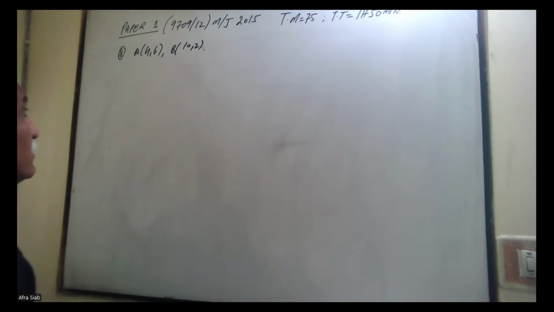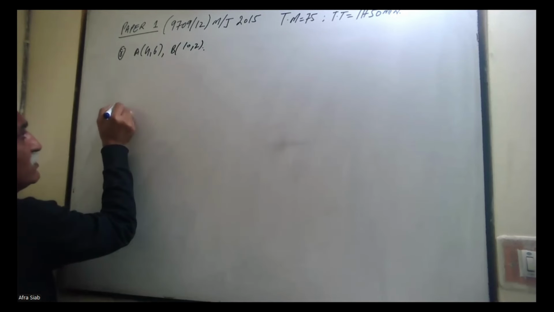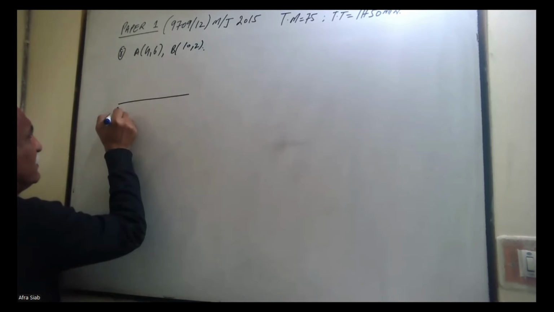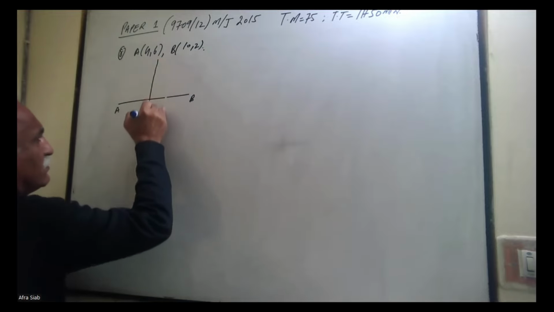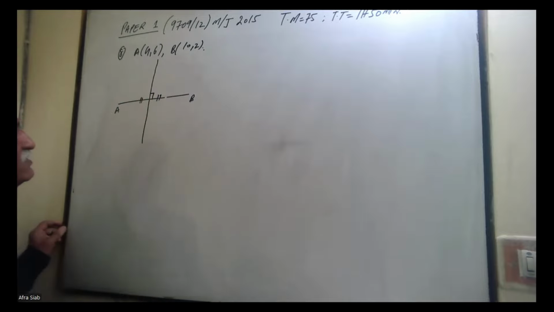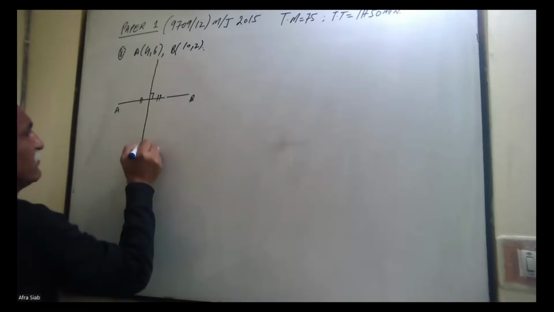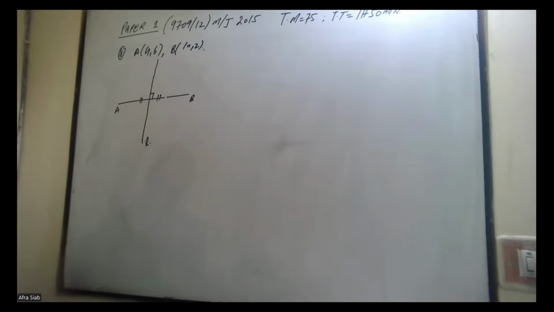You have to find the perpendicular bisector of AB. So let's say this is the line AB. Perpendicular means a 90-degree angle and it is a bisector there. So you are going to find the equation of this line L, perpendicular to AB.